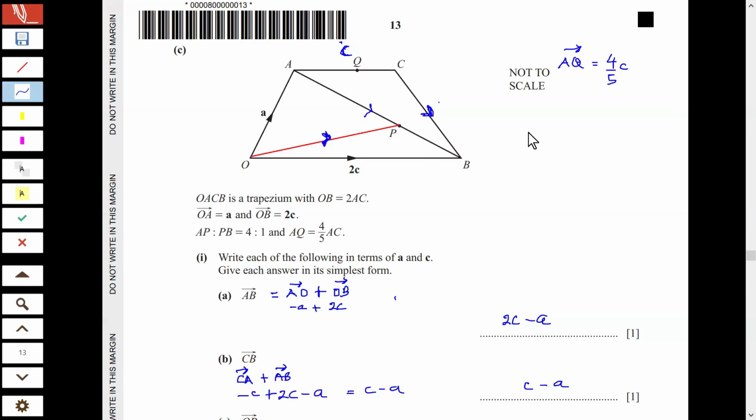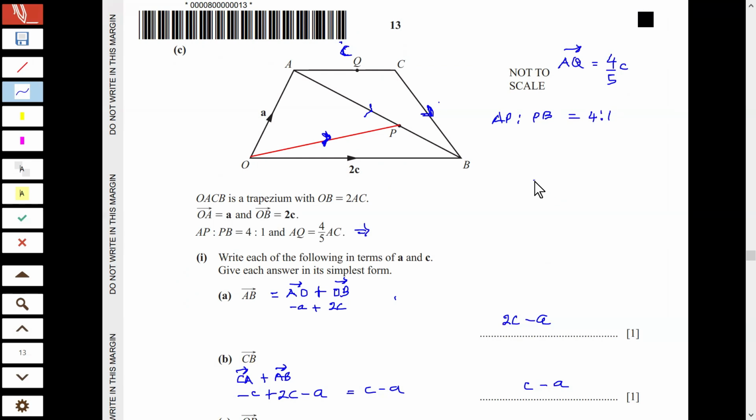But before we go into that, let's see from the instructions given here. The ratio AP to PB is 4:1.